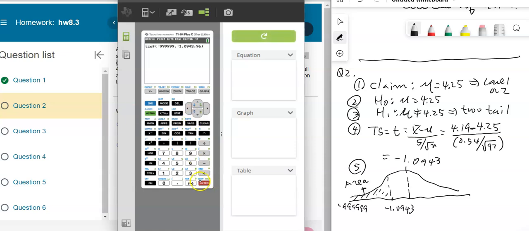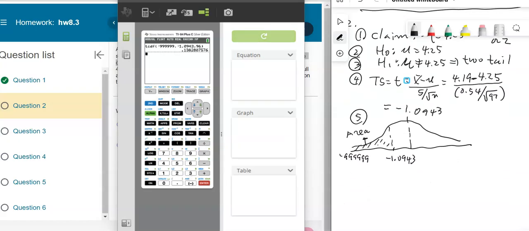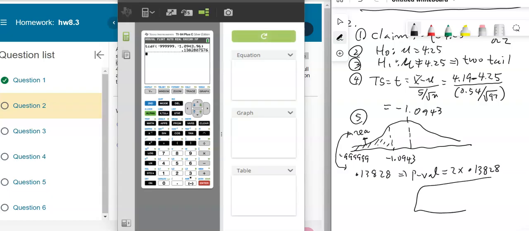So this area is 0.13828, but p-value is twice of that, 2 times 0.13828. Why? Because two-tailed test.